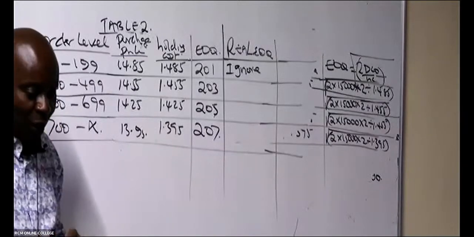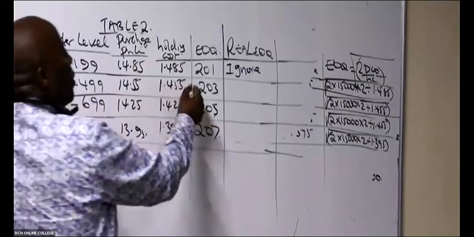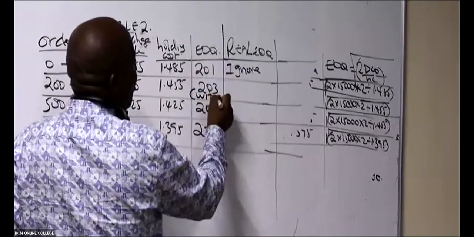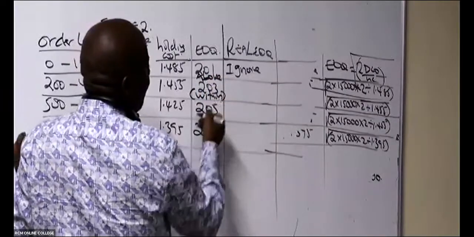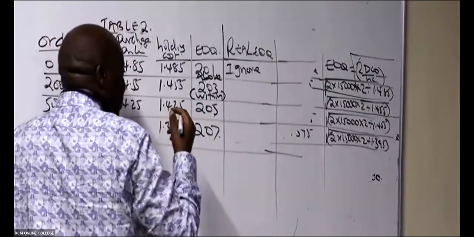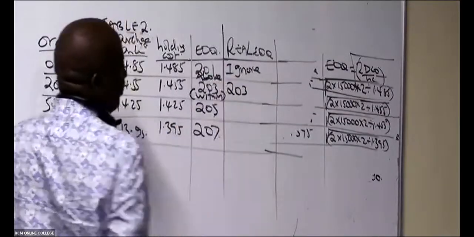Should we ignore it as well? No, we evaluate that calculated EOQ. If it is above, ignore. If it falls within, then it becomes real. So the EOQ to compute is 203.